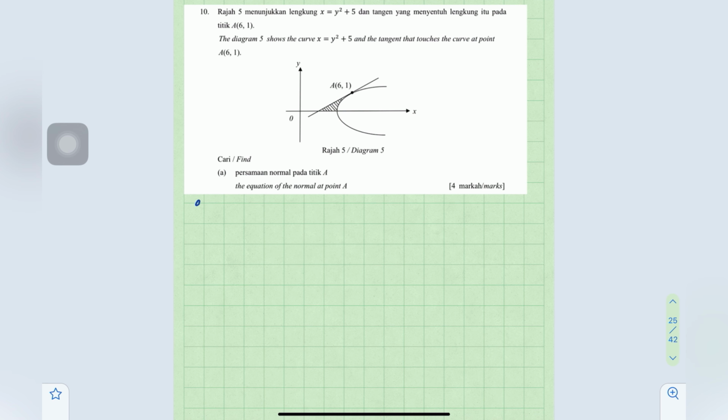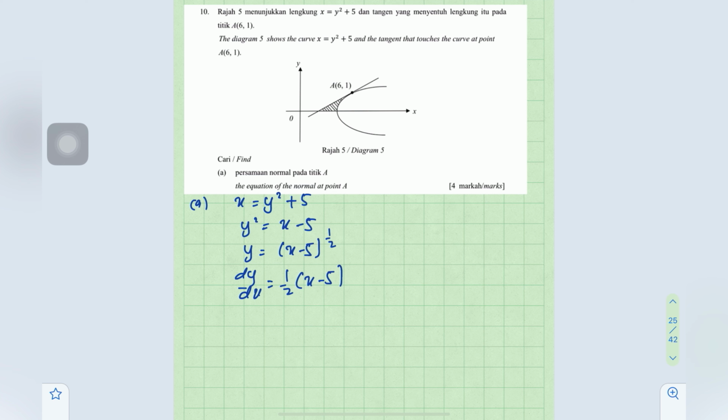So now, given x equals to y squared plus 5. So y squared equals x minus 5. So y equals to (x minus 5) power of half. So dy/dx equals to 1 over 2 (x minus 5) power of 1/2 minus 1, negative 1/2, times 1.